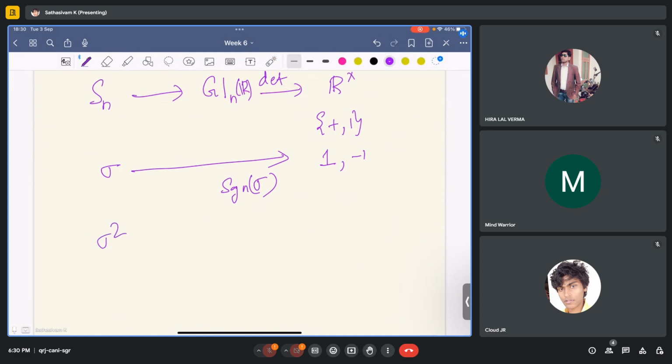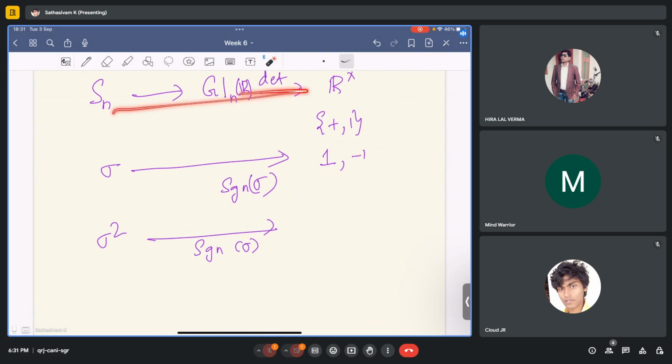So if you go to sigma square, what you observe here is that whichever element you take here, and then you go here, this is kind of like a homomorphism.